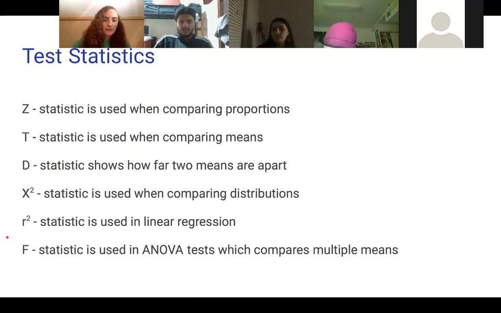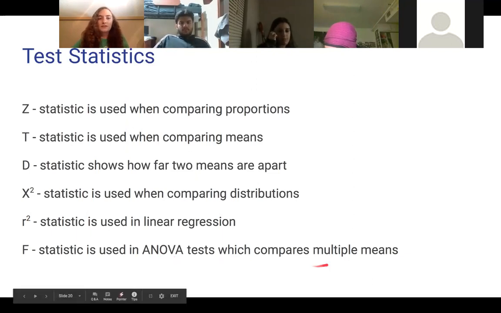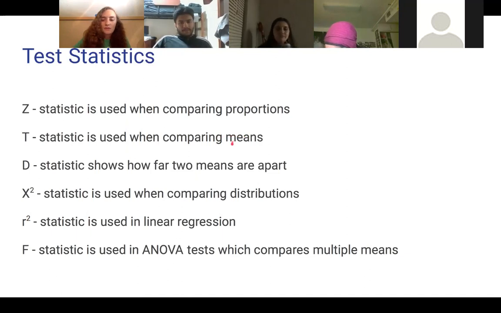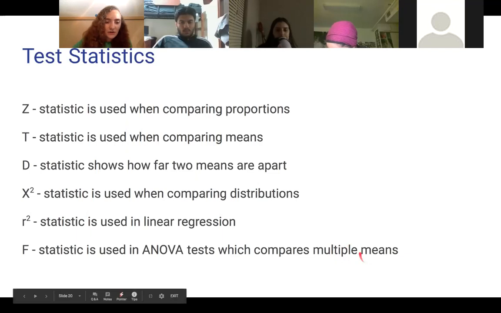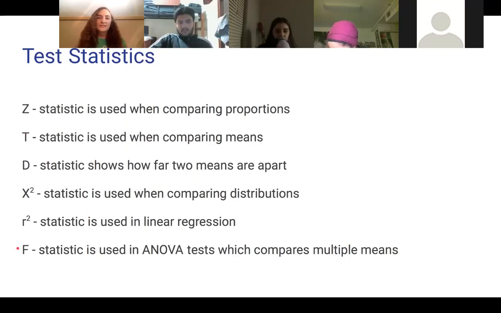That's basically what this statistic tests. And an F statistic is used in an ANOVA test, and this compares multiple means. The T test only compares one or two means, while this one compares multiple means. So there are more test statistics; I just put down the common ones that I come across.